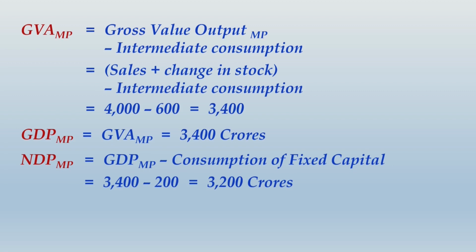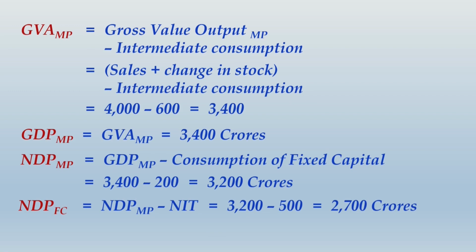The next thing that we are calculating over here is NDP at factor cost, which is NDP at market price minus net indirect taxes, and that will be 3200 minus 500, that is 2700 crores. So please write up these calculations and then I take you ahead.